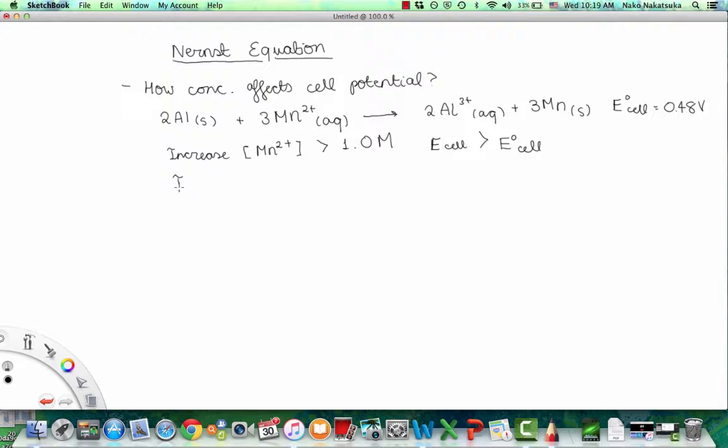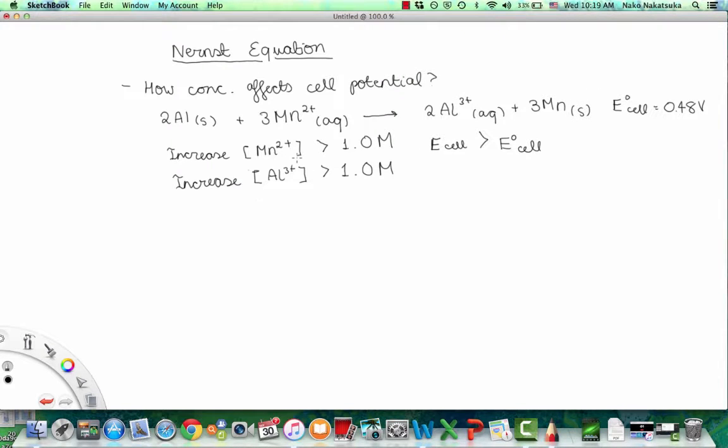On the other hand, if we increase the concentration of aluminum 3+ to be greater than 1 molar, and again, we're using the concentration of 1 molar because this is under standard conditions, which is at a concentration of 1 molar.